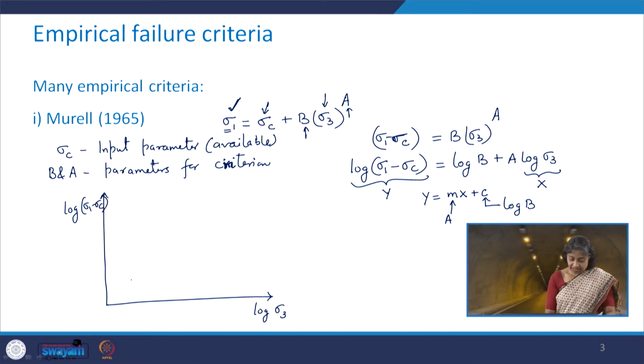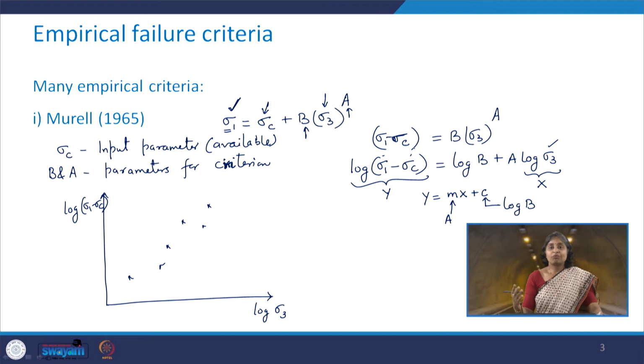Say I get a few points like this. How do we get this sigma 3 and sigma 1 minus sigma c? If you conduct the triaxial test, what you have with you is sigma 1 and sigma 3, and if you conduct the UCS test, then you have sigma c. So we know all these things.